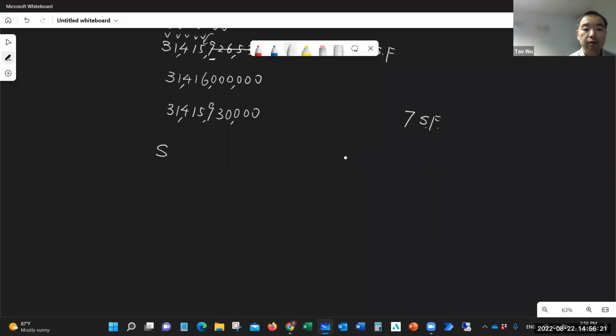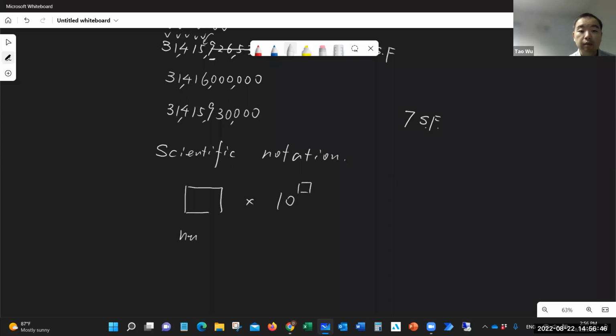scientific notation. You probably already know what scientific notation is, okay? And just to remind you, scientific notation includes 2 parts. The front part is called the number part. The other part is called the exponential part.